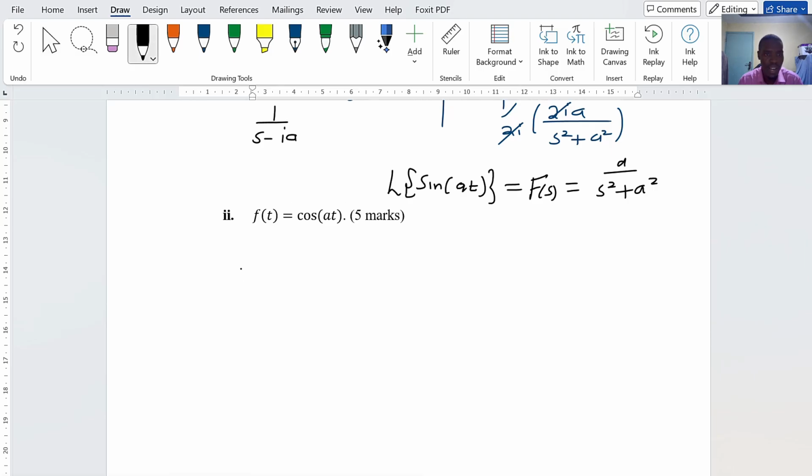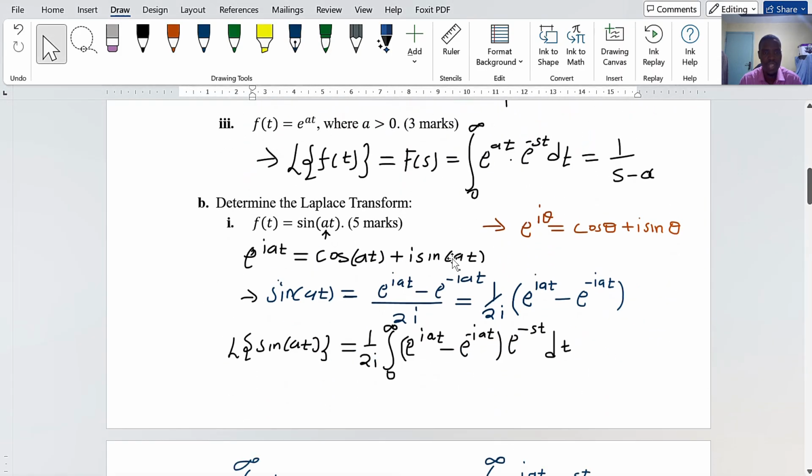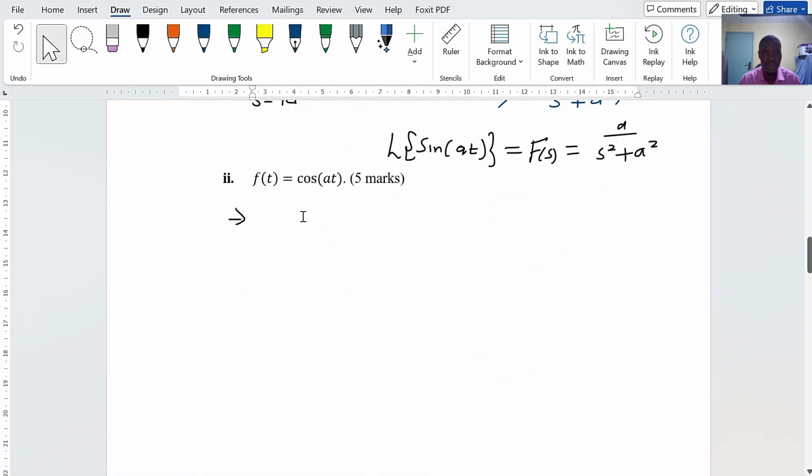Now from our expansion of the Euler here, where did we start? From here, we have done the imaginary part. So we can also do the same for this. So cos at, we need to write that in standard form. So we need to write cos at in Euler form.